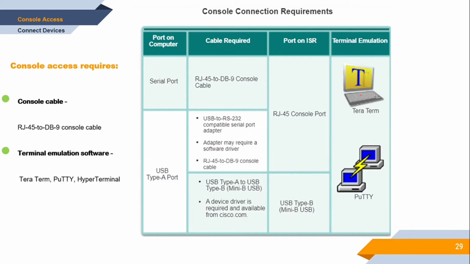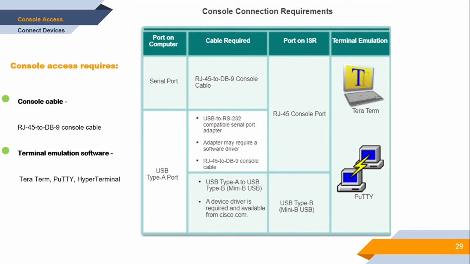In a production environment, infrastructure devices are commonly accessed remotely using Secure Shell (SSH) or Hypertext Transfer Protocol Secure (HTTPS). Console access is really only required when initially configuring a device or if remote access fails.